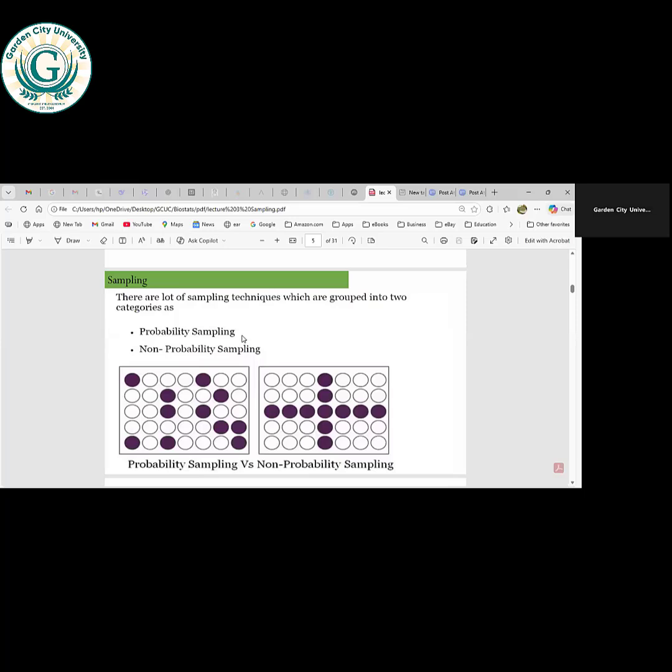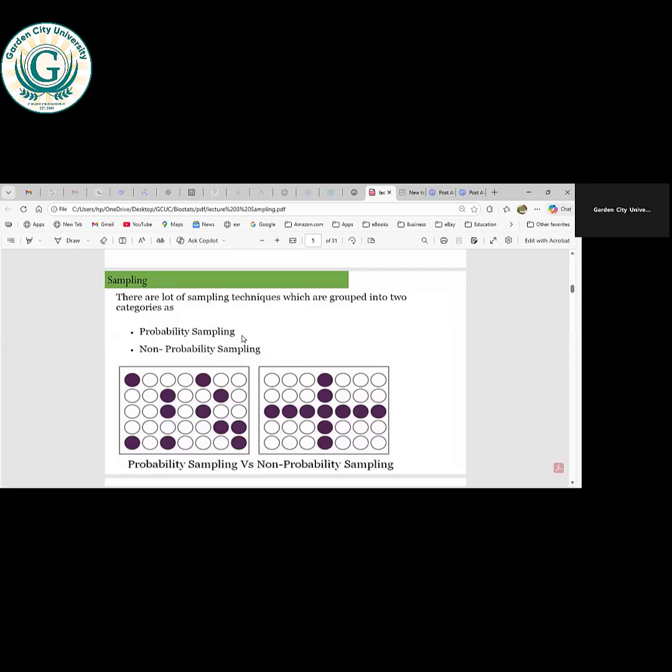And then when we say non-probability sampling or non-random sampling, it is done based on non-randomness. That means that it is not done based on randomness. It doesn't happen by chance. That means that something or someone or anything influences the happening of that thing.